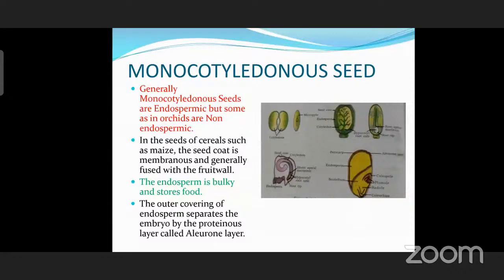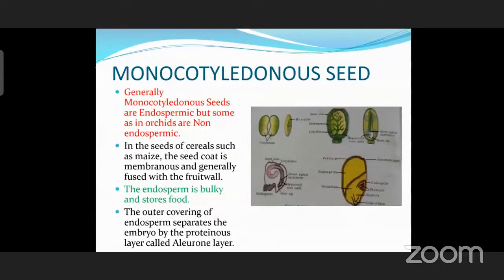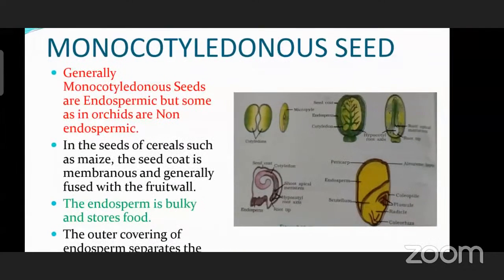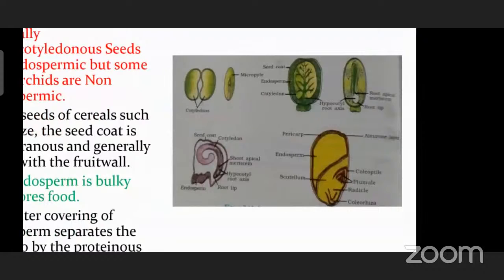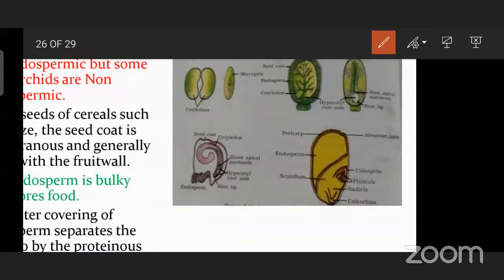And next one, monocotyledon seed. See here, this is a monocotyledon seed. Generally, monocotyledon seeds are endospermic, but some, like orchids, are non-endospermic.